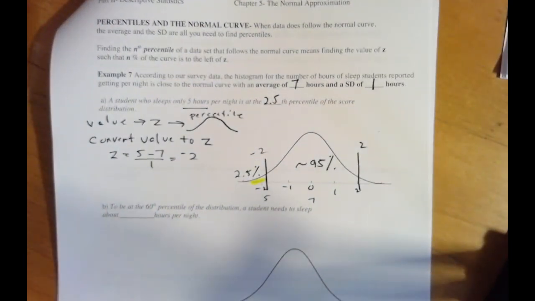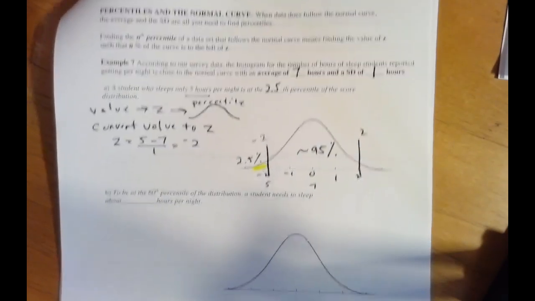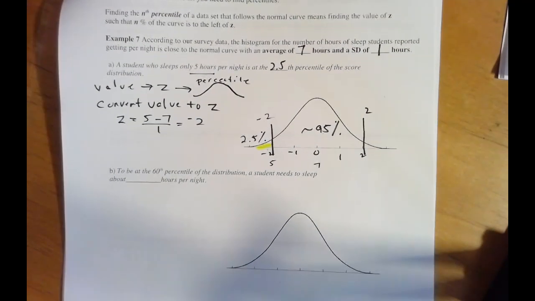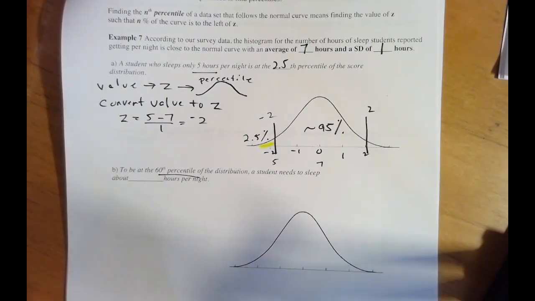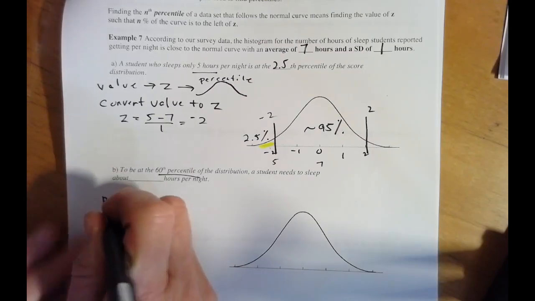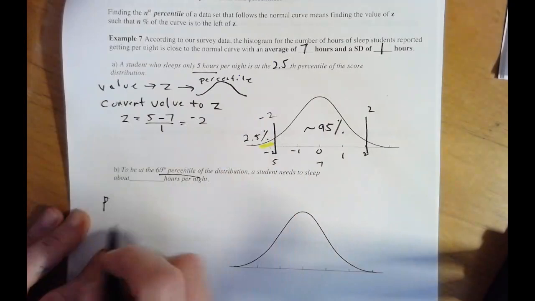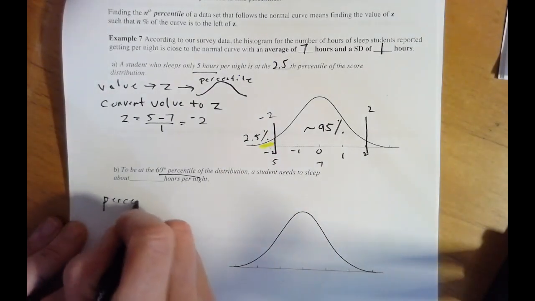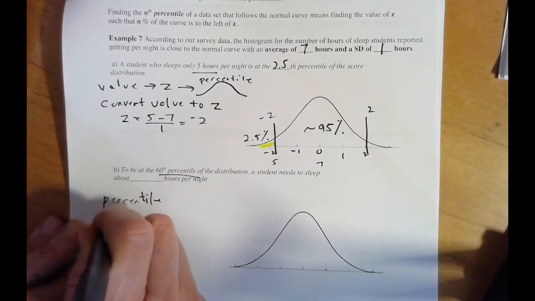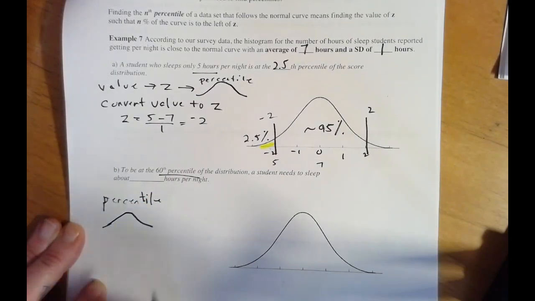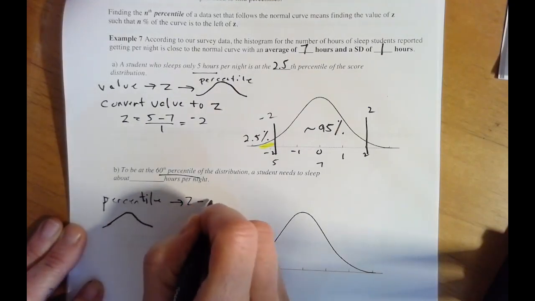The next example is going in the other direction. It's giving us a percentile, which is just a placement on the curve, and asking us to get from that a z and then a value.